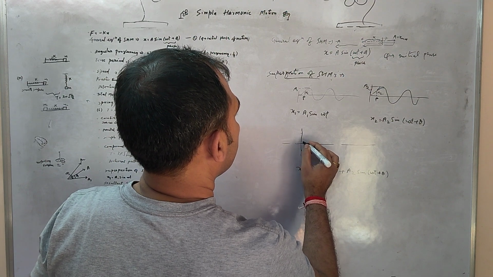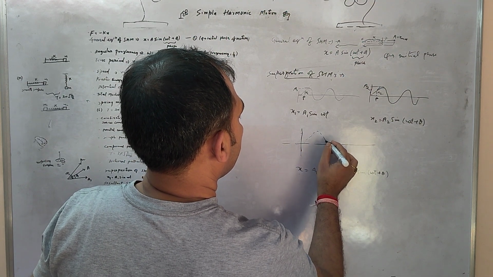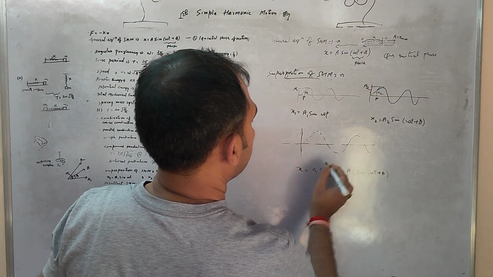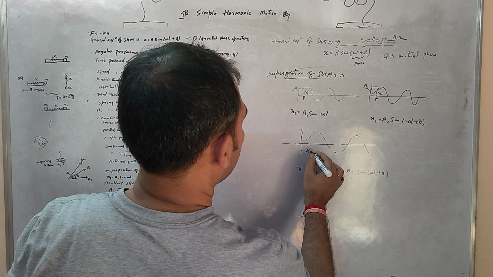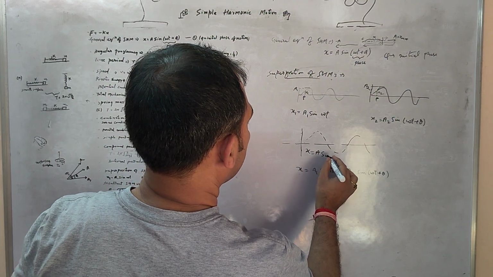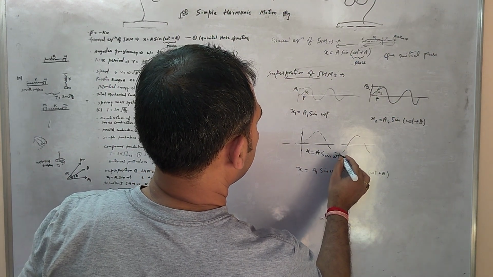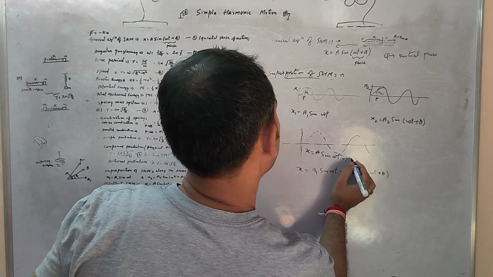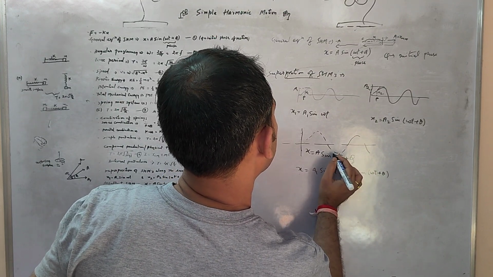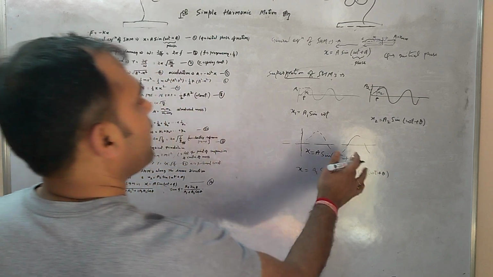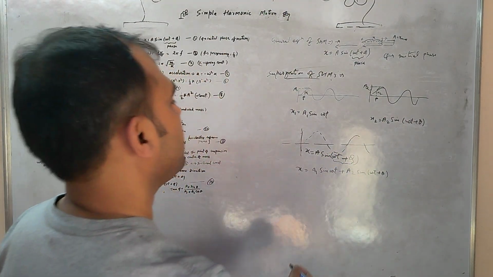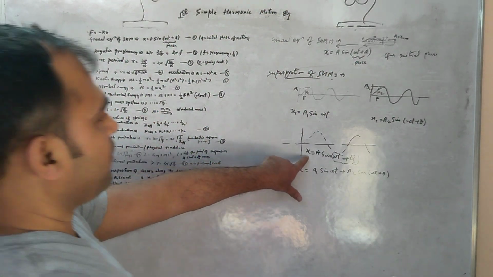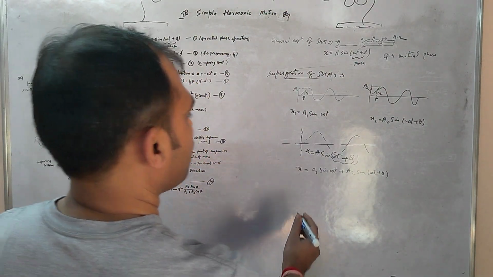Now they are happening simultaneously. This is the resultant. X is equal to A sin of omega t plus phi. This is the phase of the resultant simple harmonic motion.